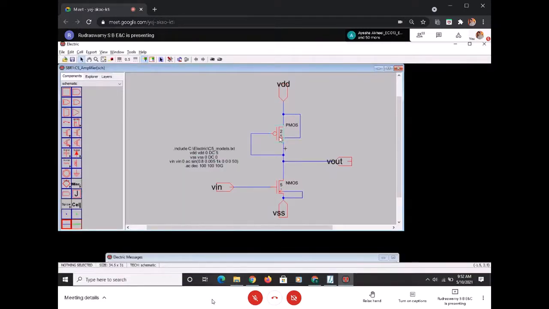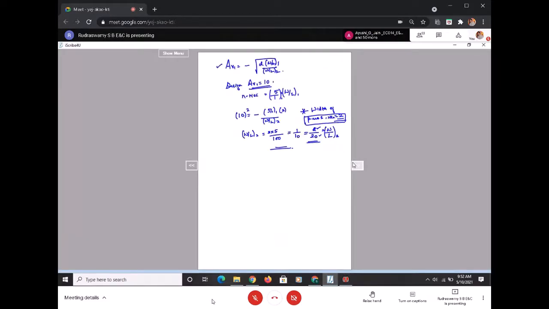Make sure that in the first analysis, when we are starting to do all this, the schematic is done, the piecewise model for NMOS and PMOS is defined, the corresponding pin directions have been defined, and even the width and length ratios of PMOS and NMOS are specified according to the design.